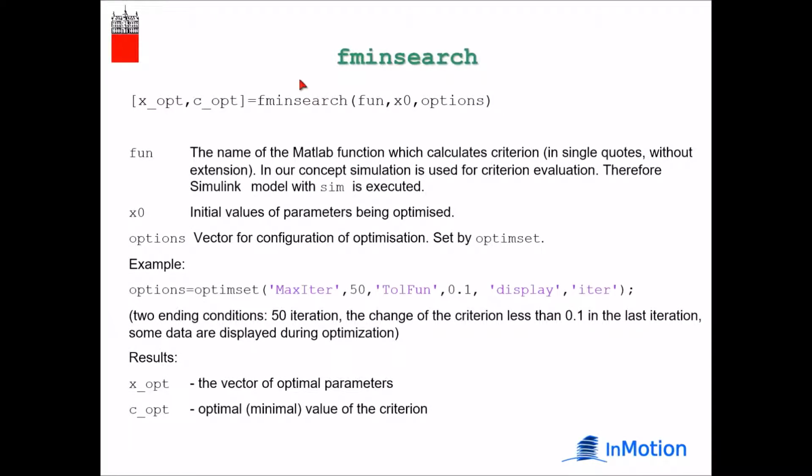This slide describes fminsearch function. The function has 3 input parameters and 2 output parameters. The input parameters are the following. Fun. This is the name of the MATLAB function which calculates criterion, in single quotes, without extension.